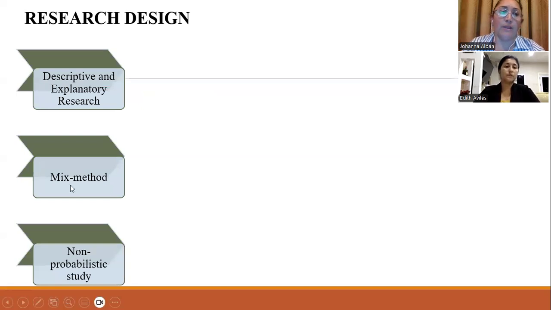After that, we are going to use a mixed method because we are going to gather qualitative and quantitative data. And it is a non-probabilistic study because the sample was defined considering aspects such as convenience and the relationship that the students have with the teacher, who in this case is the researcher.